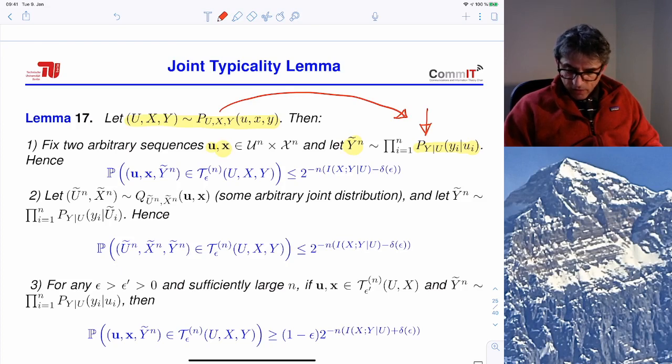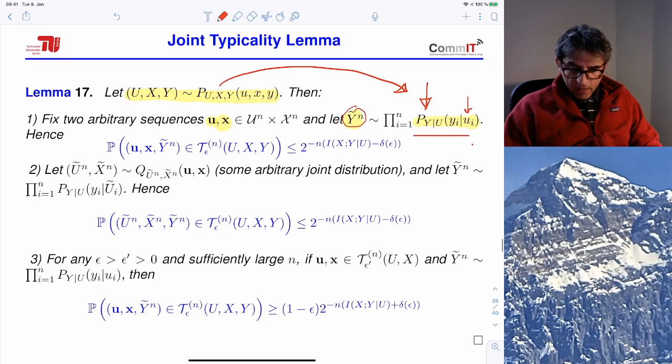So we generate this new random vector according to this product distribution for a given sequence u, and we look at the probability that this randomly generated sequence y tilde is jointly typical with the u and x picked before, fixed sequences.